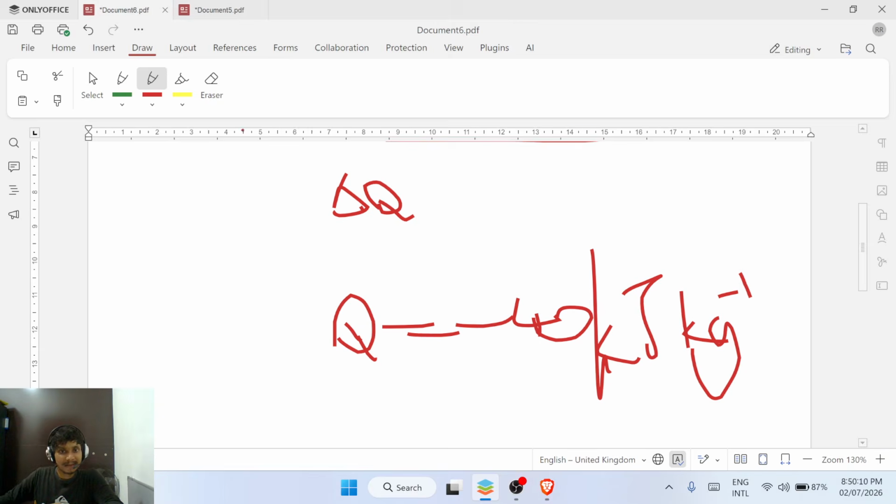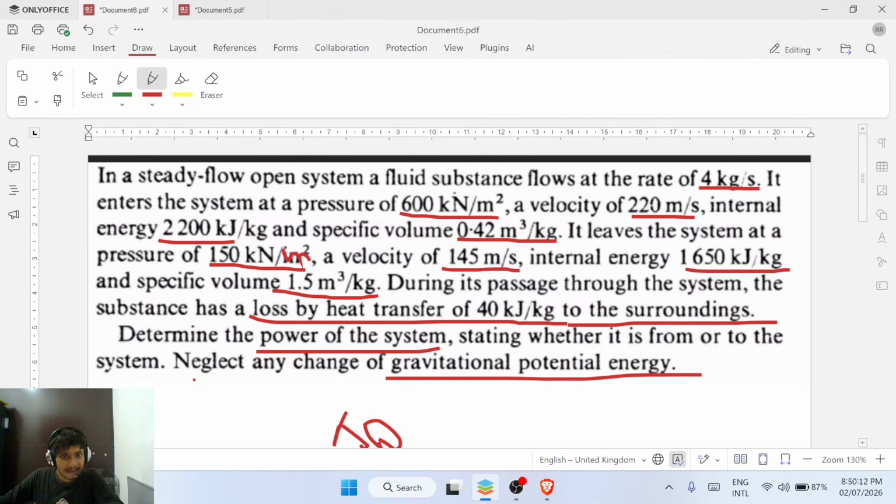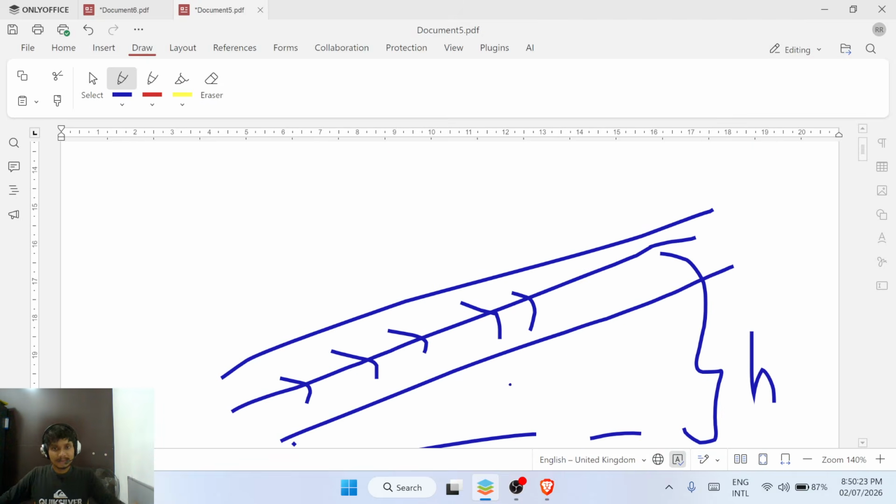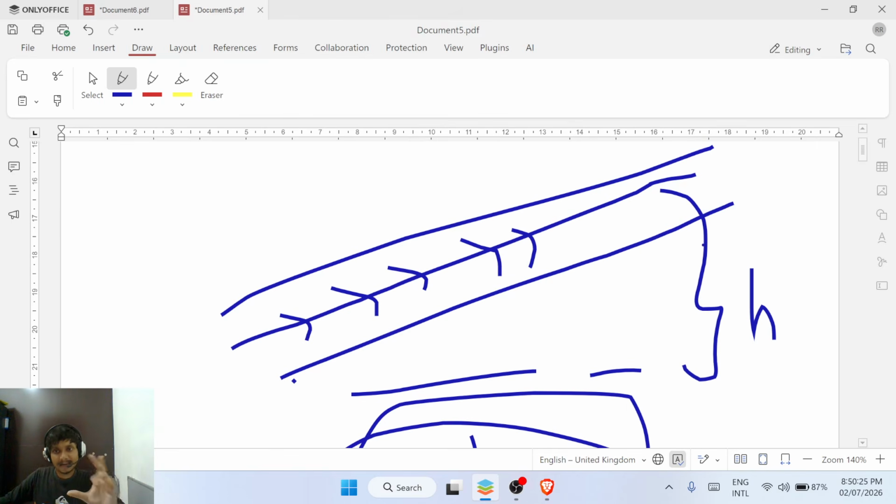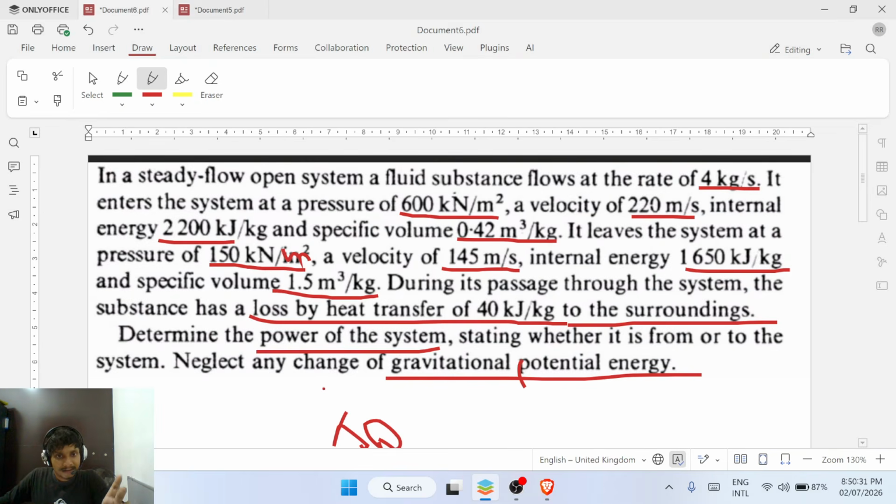But here they mentioned to neglect any change of gravitational potential energy. If there is a height difference, there will be a potential energy, but here we can neglect it.